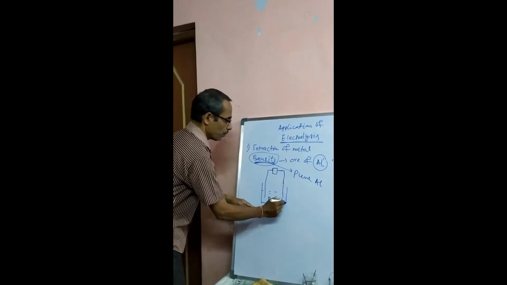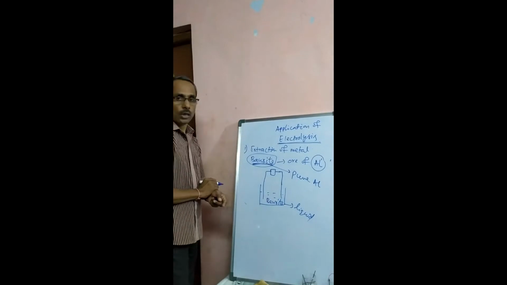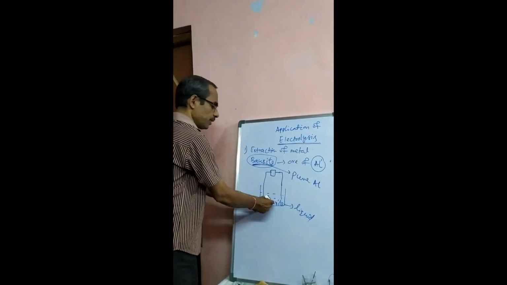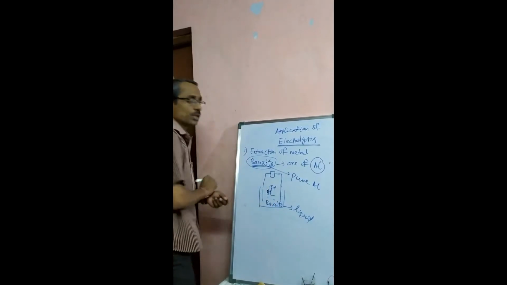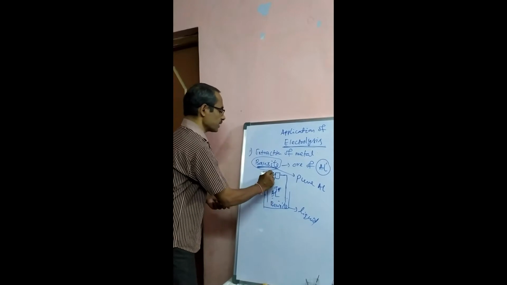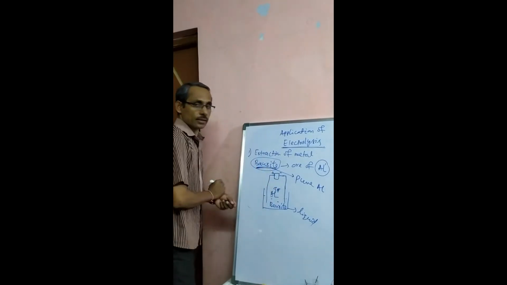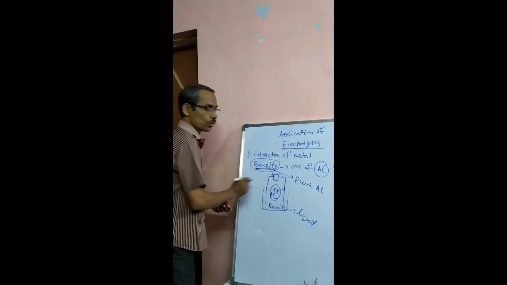Bauxite is present in liquid form. Aluminium is also present in it. So aluminium 3 plus ion is produced from this. Now as it is positive, then what happens? Also you know the battery has 2 ends. Now as it is a positive ion, it will move to the cathode.